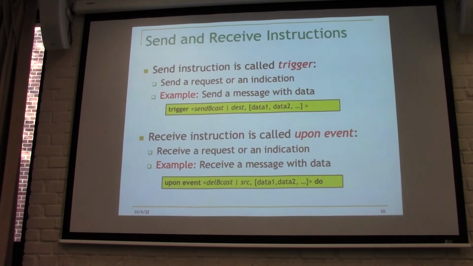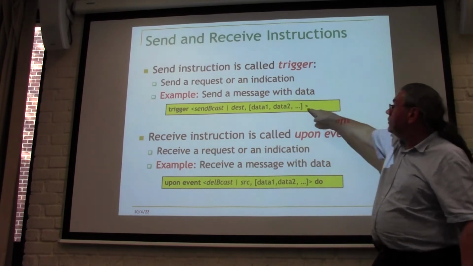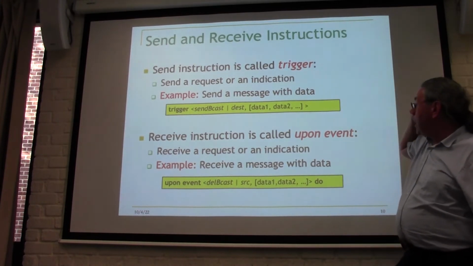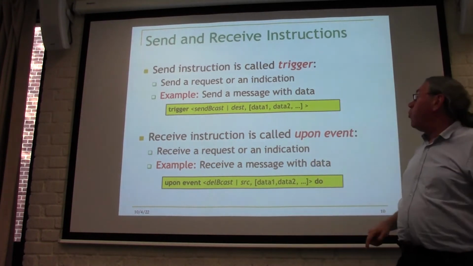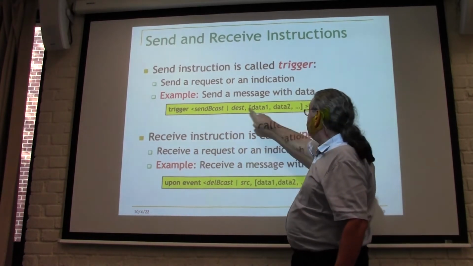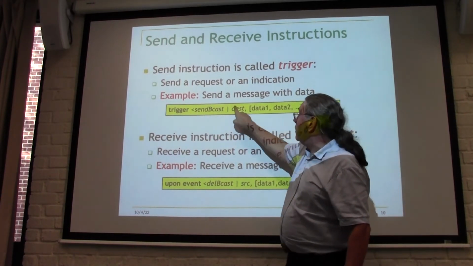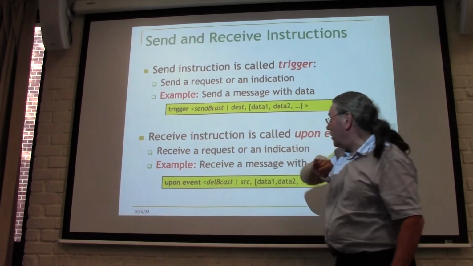Now, like I said, a send instruction is called a trigger, and a receive instruction is called upon event. And what do I send? It's like a record here. It's like pseudocode, so I'm just going to put in whatever data I want here, and then there's kind of like a label telling me the type of the thing.